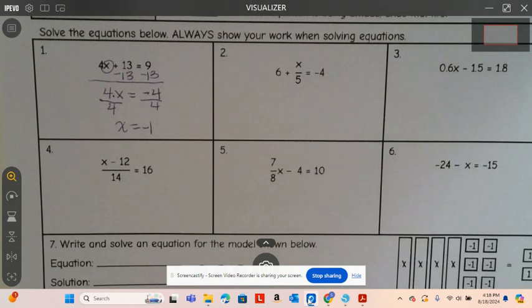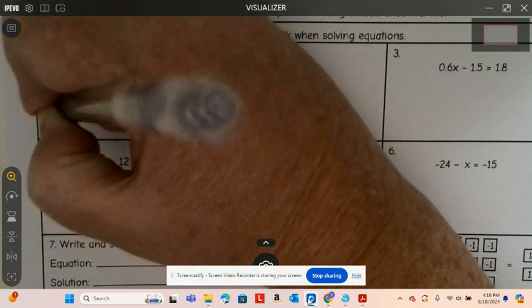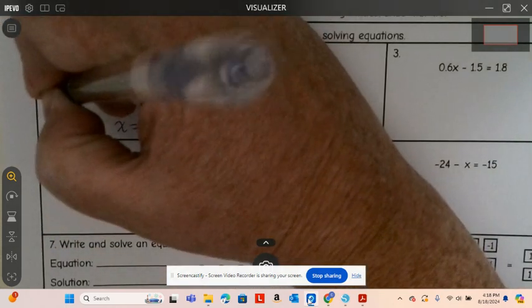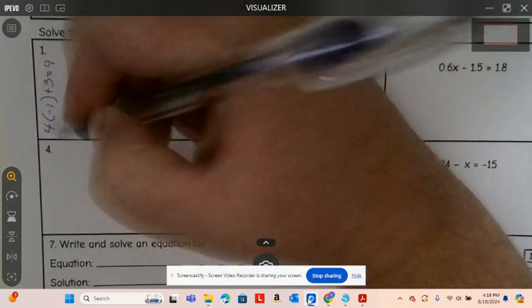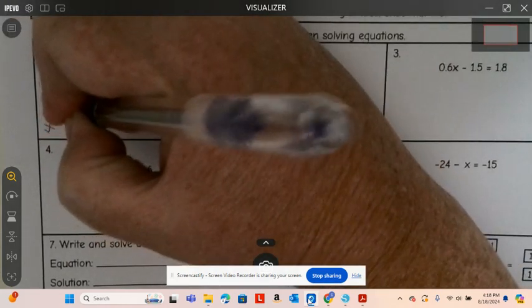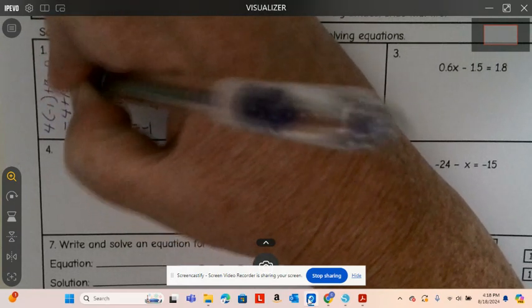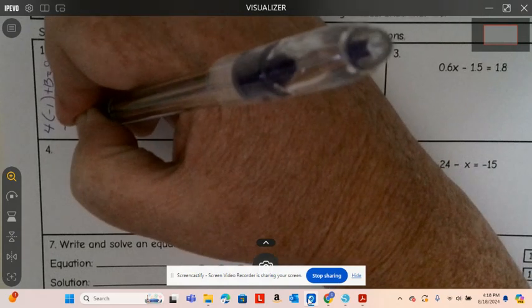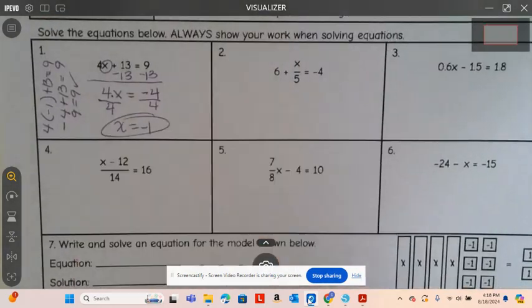When I plug that back into my equation to check my answer, I get 4 times negative 1 plus 13 equals 9. 4 times negative 1 is negative 4. Negative 4 plus 13 equals 9. I get 9 equals 9, which is correct. So I can move on to my next problem.